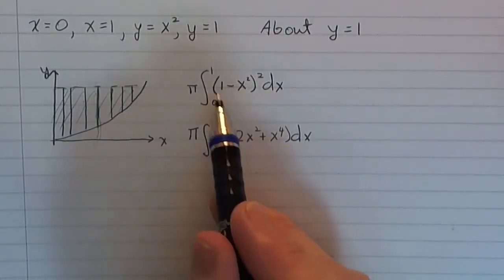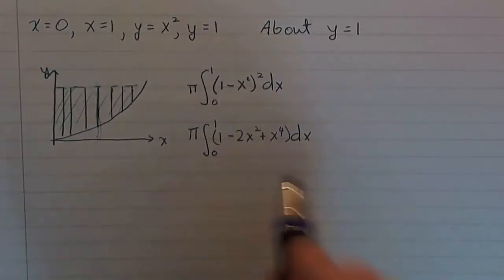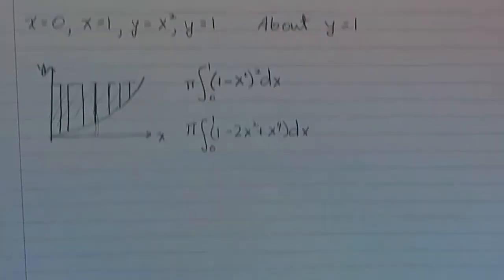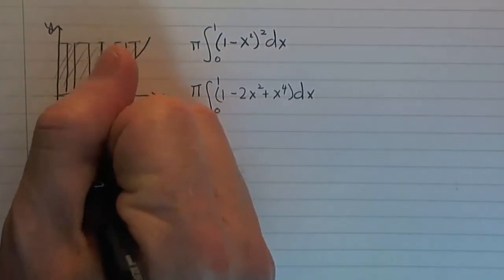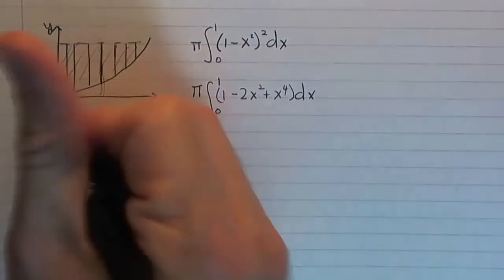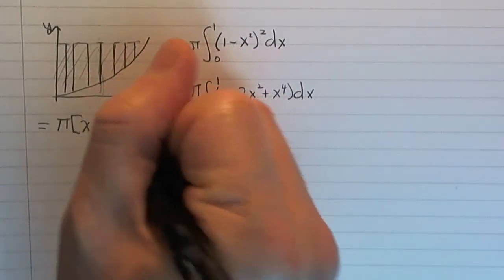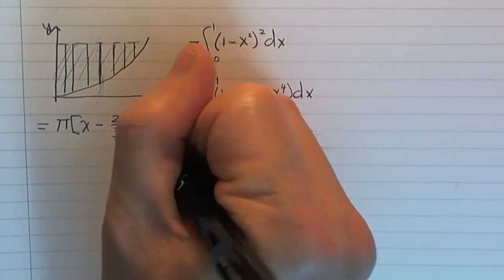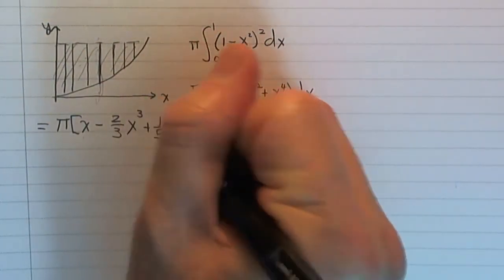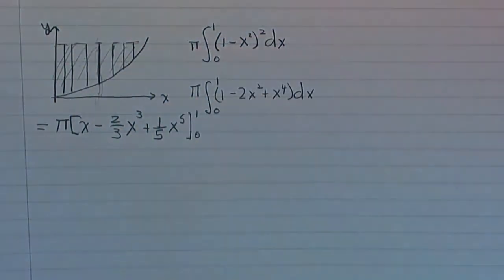And all I did was multiply this out, so I could use the power rule for integration. So here we go. Let's see what we've got now. We've got pi times, power rule, x minus 2/3 x cubed plus 1/5 x to the fifth, and we're going from 0 to 1.